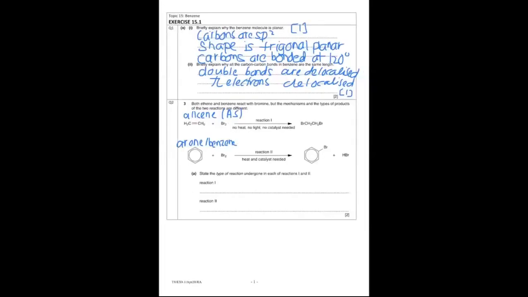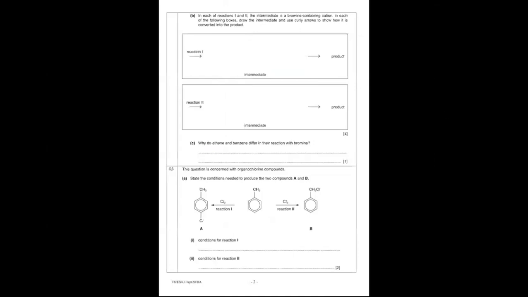So that's the name of the reaction. The next one is the intermediate. So again, you have to look at the mechanism. They want you to, in each of the following boxes, draw the intermediate and use curly arrows to show how it is converted into the product.